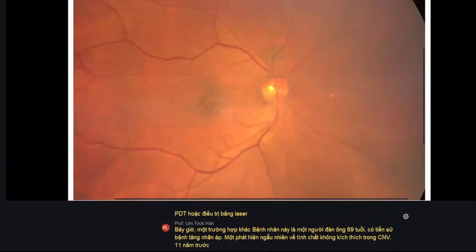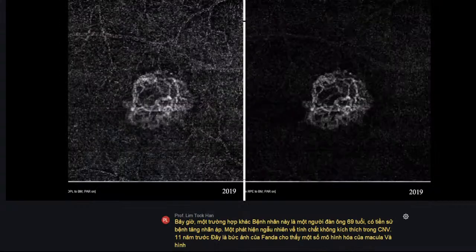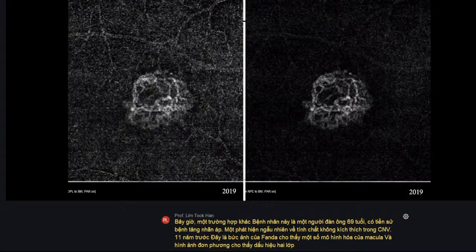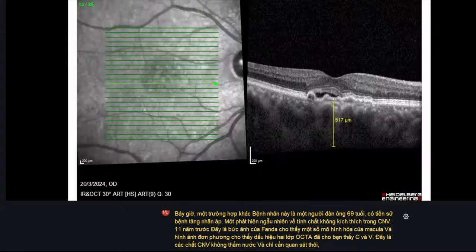So this is the fundus photograph showing some mottling of the macula, and monomodal imaging, OCT showed double layer sign. OCTA showed you CNV. These are the non-exudative CNV and can just be observed, no need to treat with injection.